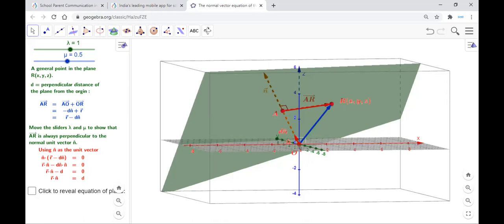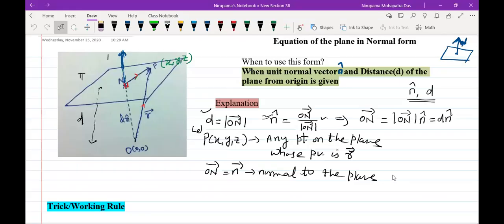Let's go to the explanation part. Just come back to the image. Now I can show you here NP, the line joining N and P. If I write NP vector, that is on the plane, and ON vector is normal to the plane.